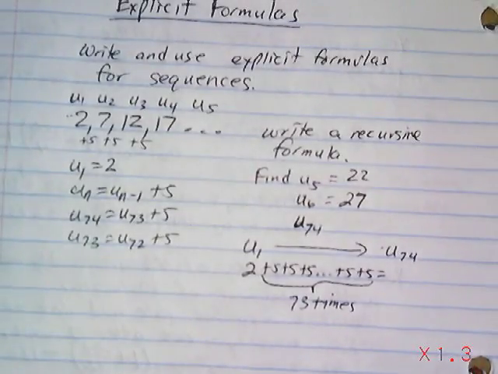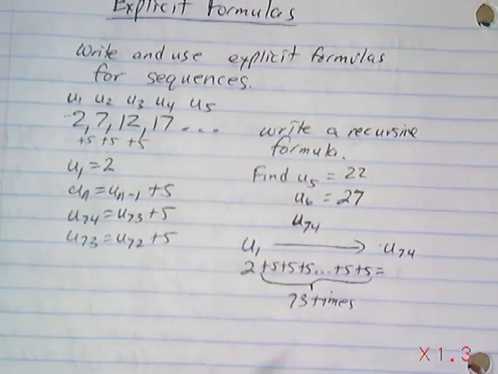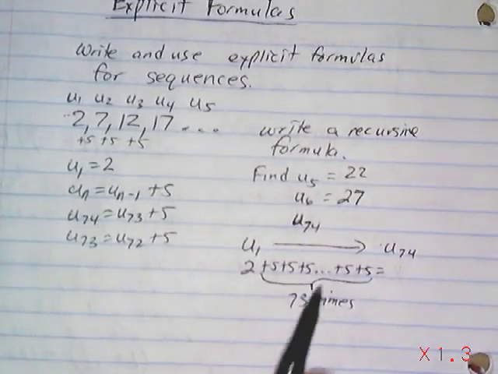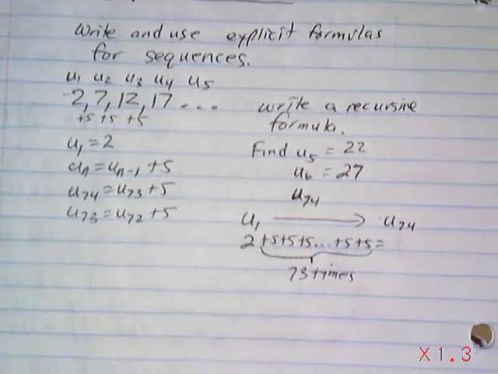So we're going to look at an explicit formula that comes right from this idea of repeated addition or subtraction becoming multiplication. It looks like this: an explicit formula for an arithmetic sequence. It's only one thing.